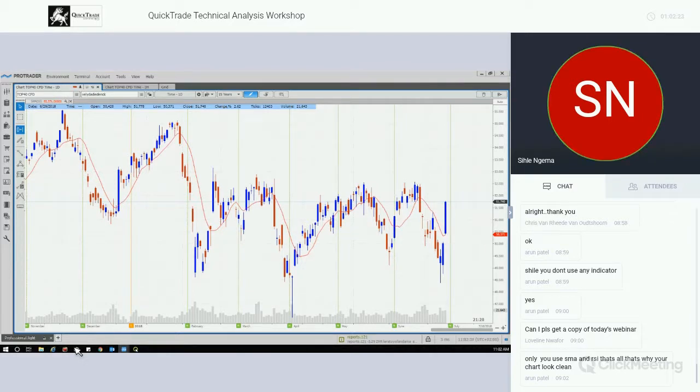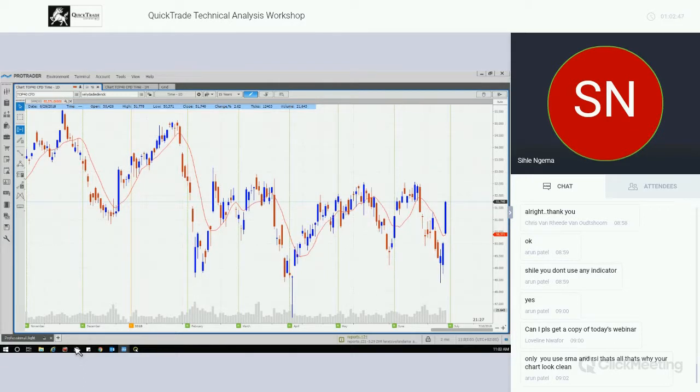Well, the main reason why it looks clean is because I do not clutter my charts. I don't like having too many indicators on my charts. I want to be able to see exactly where my support and resistance levels are, where my trend lines are, and what price action is doing on my chart before I do anything. I do not really like relying on indicators.